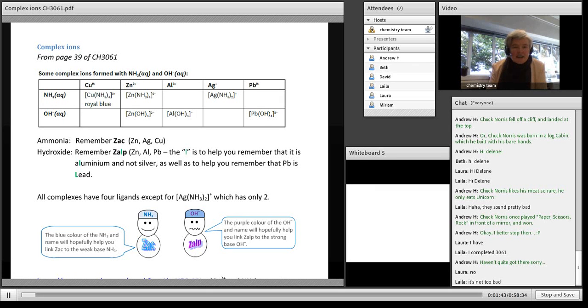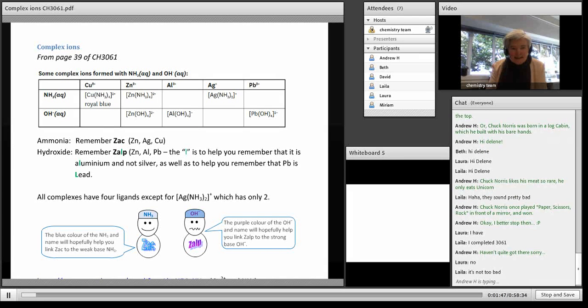So I remember things as ZAC and ZELP. If you did the CH 2.2 standard last year, you will have learnt complex ions off by heart already.